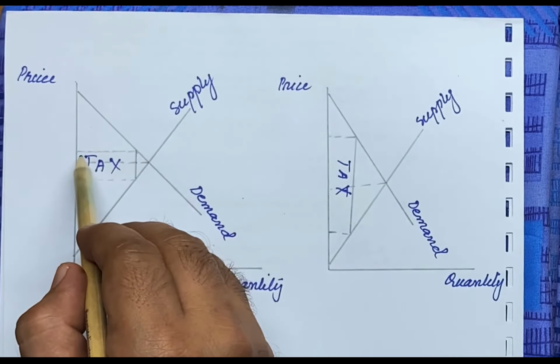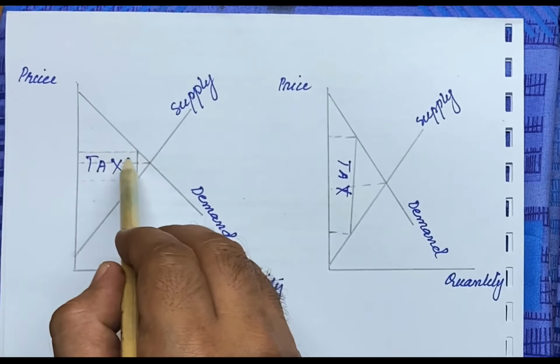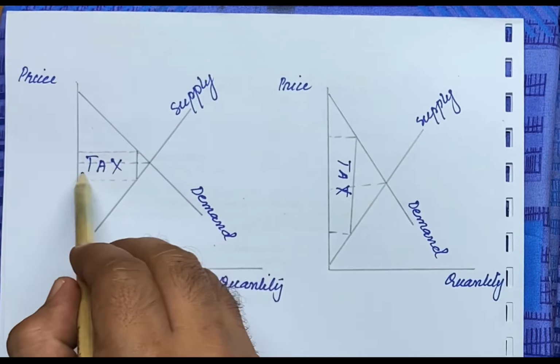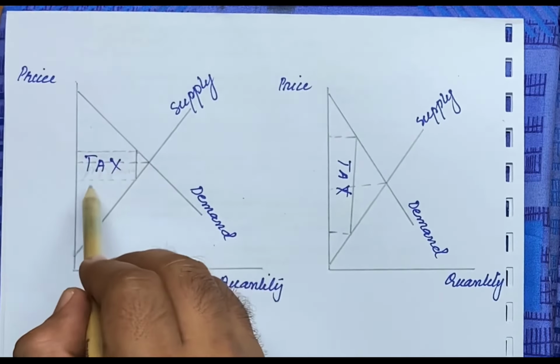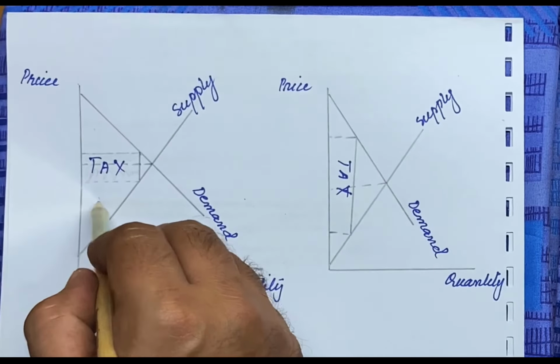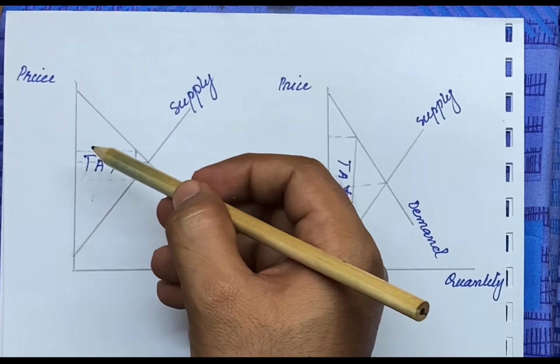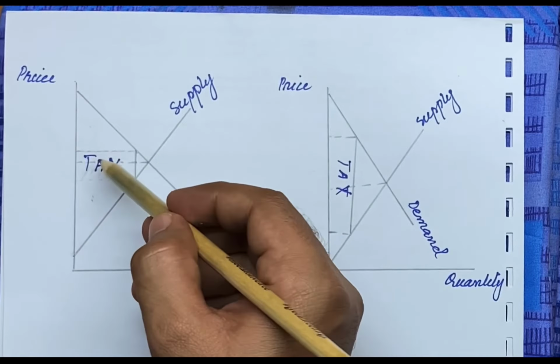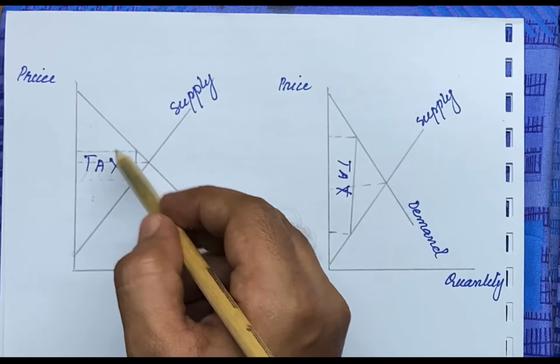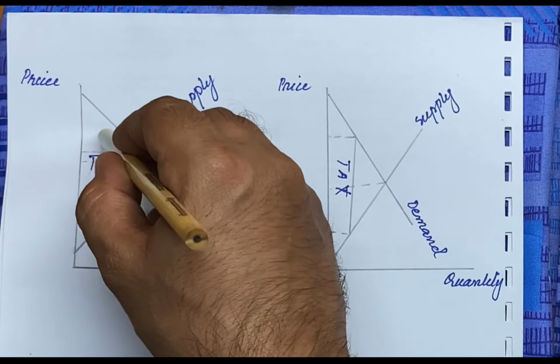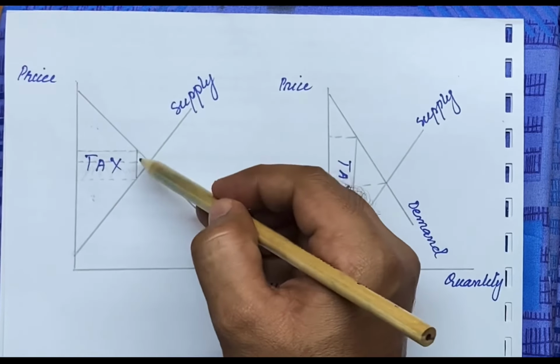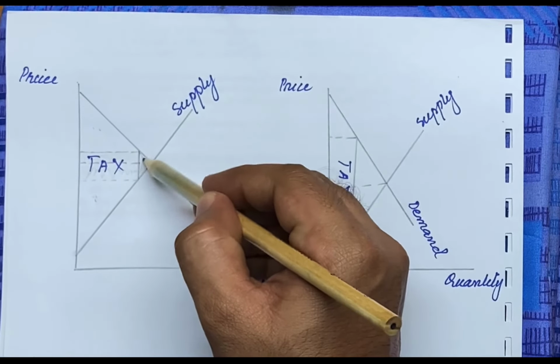Before that, this portion was counted in consumer surplus, and this portion was counted in producer surplus. But because of a little amount of tax, this portion goes to government. This will be the consumer surplus, this will be the producer surplus, this small triangle will be the deadweight loss.